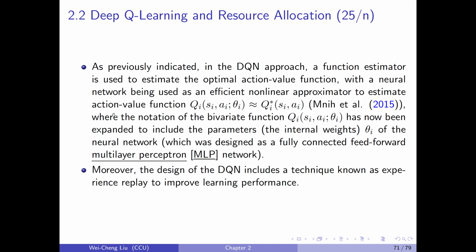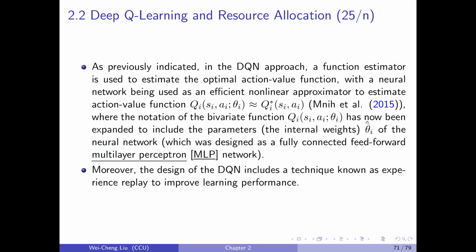Where the notation of the bivariate function Qi of Si, Ai, theta I. What is a bivariate function? It means that this function has two variables. So here the two variables are Si and Ai.